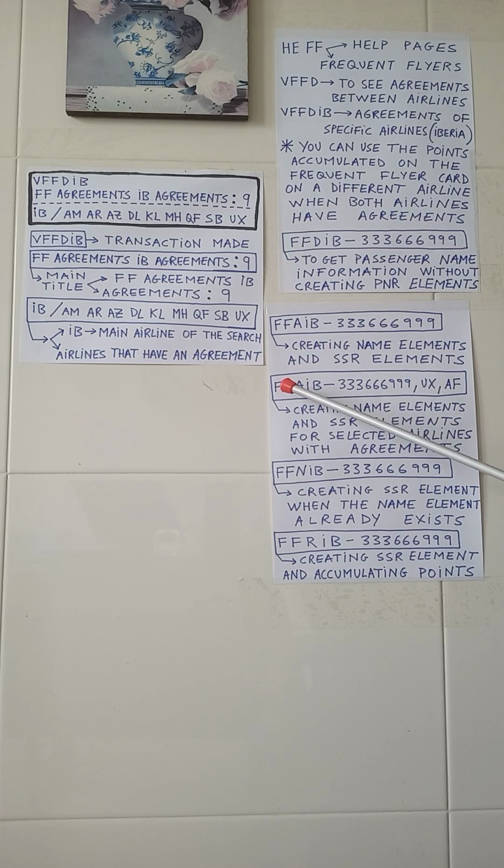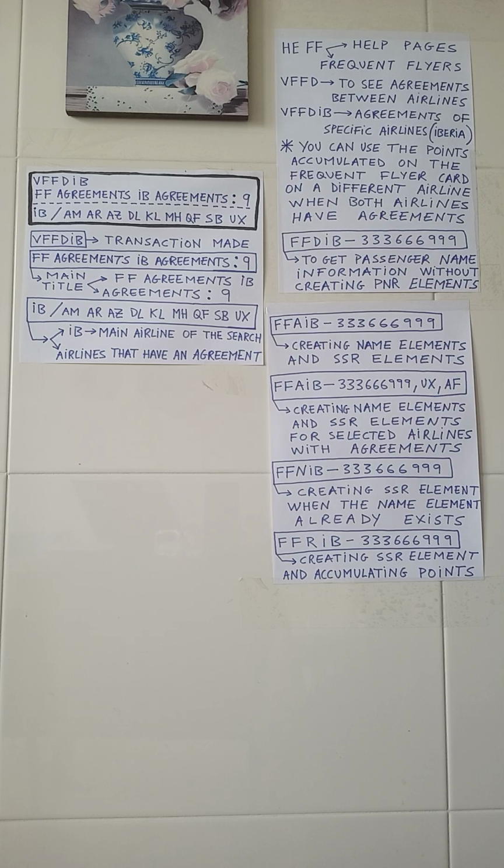With FFA-IB-333-666-999, UX, we can create name items and SSR type items at the same time for 3 airlines. One of them is the main one, which is represented by the letters IB.